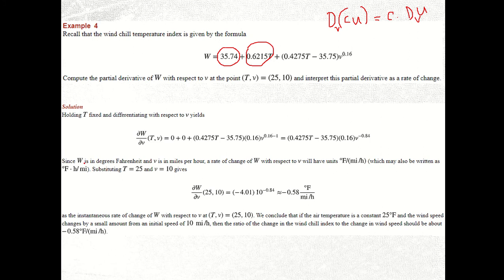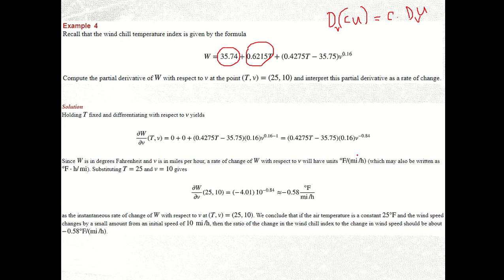So since w is in degrees Fahrenheit and v is in miles per hour, so v, sorry, I forgot to mention, v is the velocity, so miles per hour, that is a rate of change of w with respect to v. We'll have units in terms of degree Fahrenheit per mile per hour, which may also be written as something like this.